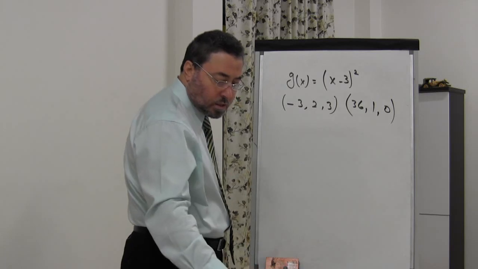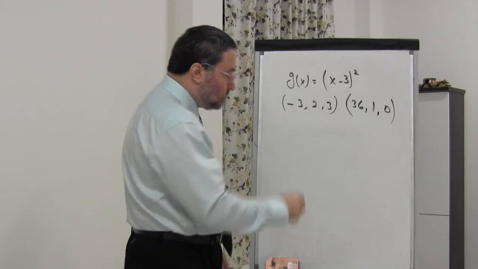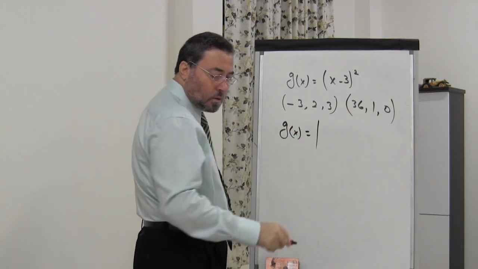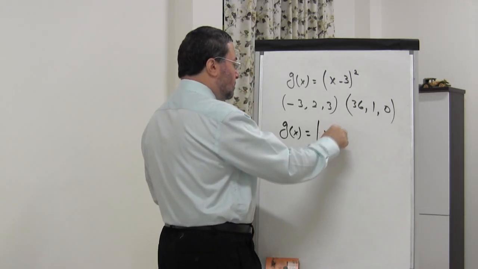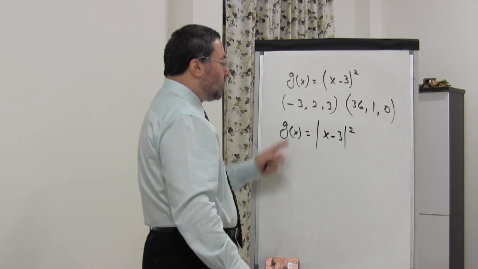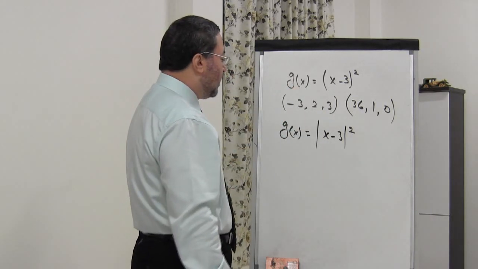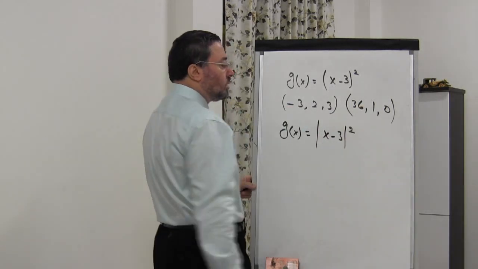Now the following exercise, number 38, g of x equals x minus 3 squared. Here we have the same domain as in this function, and if we replace these values here and square, we are going to get the same range.